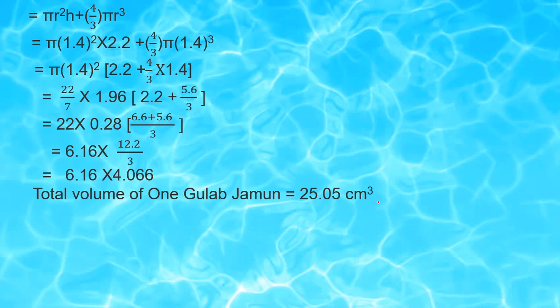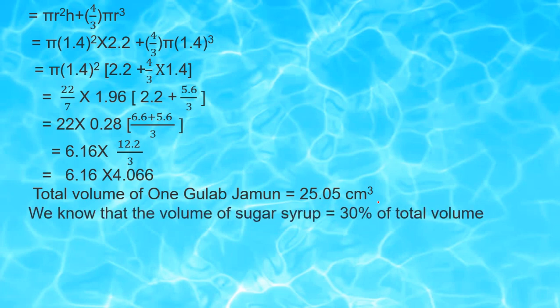We have to find out for the 45 gulab jamuns. So as in the given problem, the volume of sugar syrup is 30% of the total volume. So what is the volume of sugar syrup in 1 gulab jamun?